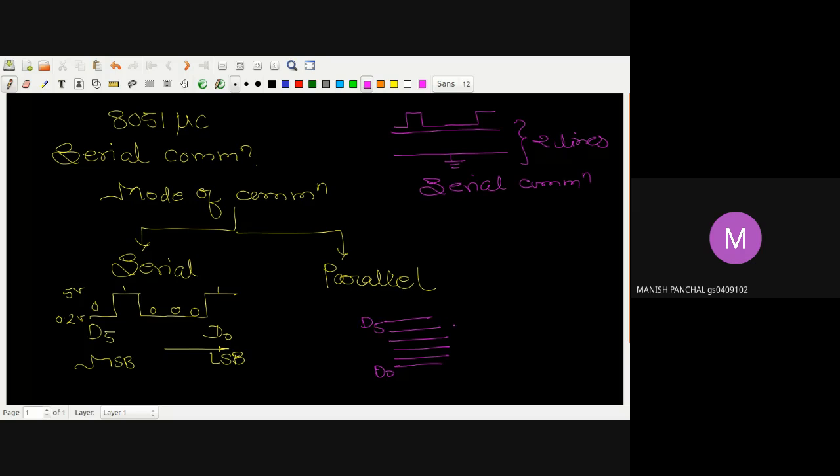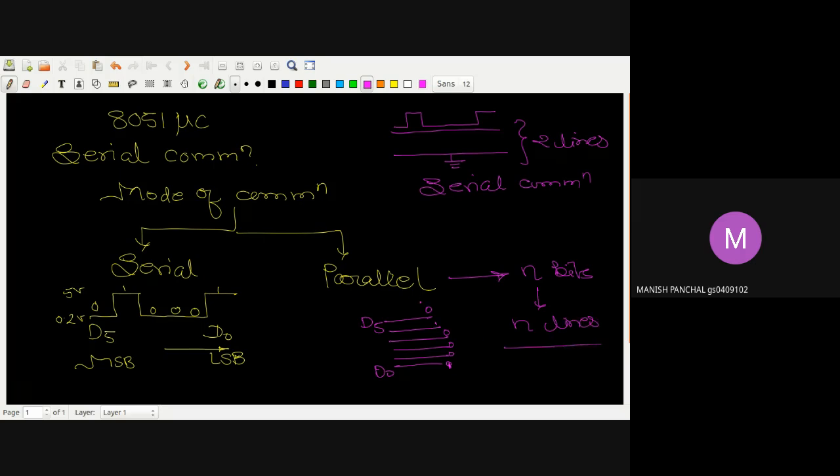On each bit, for example, here the logic level is 1, the remaining lines have 0, and again it is 1, and this is 0. So for sending n bits, you require n lines.